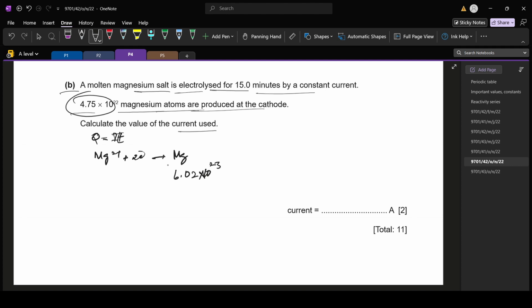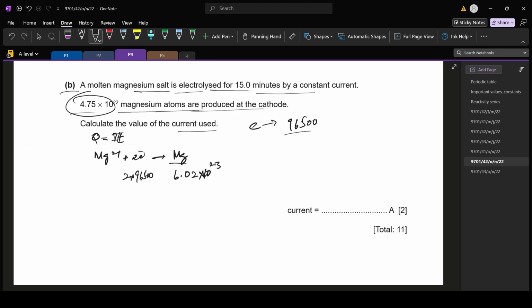If 1 mole of magnesium is formed, what will be the charge of the electrons in 1 mole? This is Faraday's constant, the charge on 1 mole of electrons. There are 2 moles of electrons, so 2 into 96500 is the charge when 1 mole of magnesium is formed.